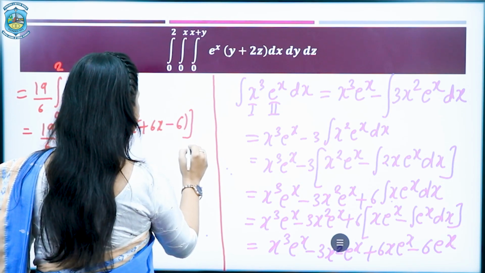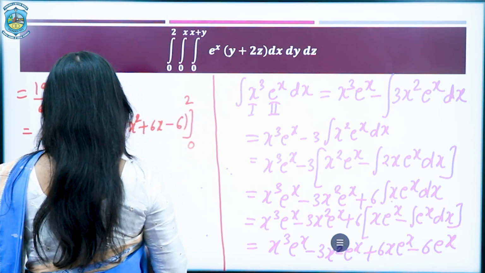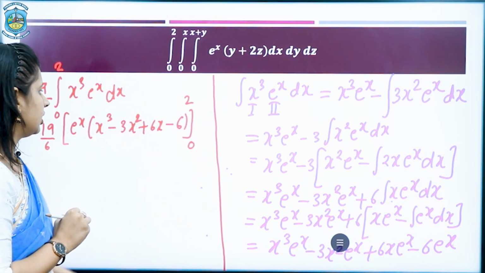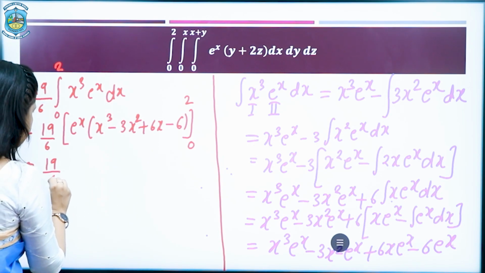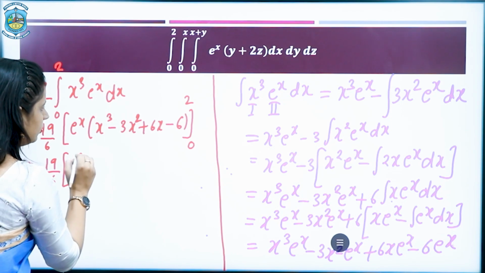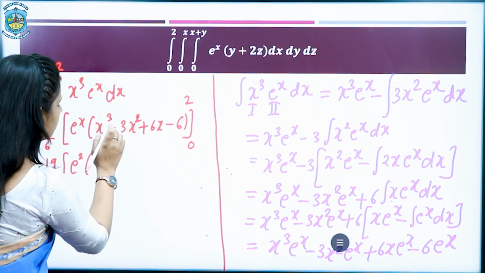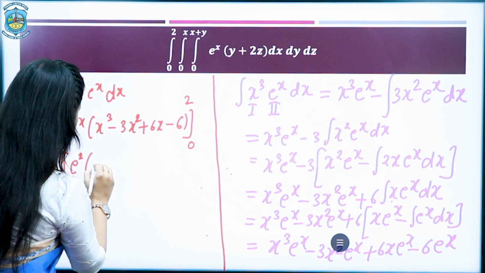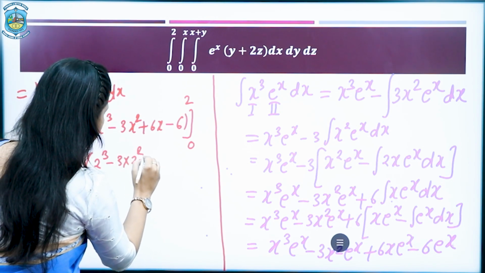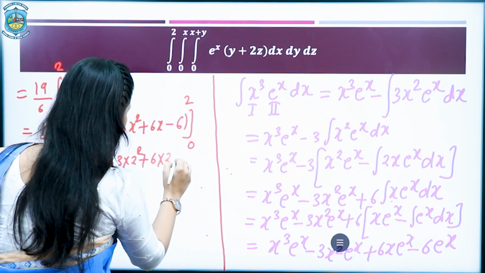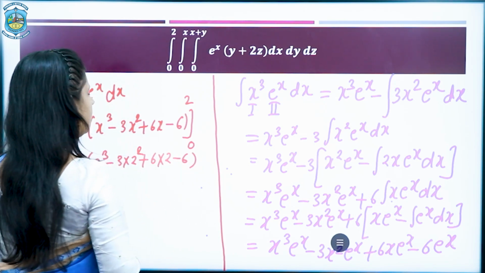The limits are 0 to 2. Now, we will substitute these limits. So, we will get 19 by 6 e to the power 2, 2 cube minus 3 into 2 square plus 6 into 2 minus 6.